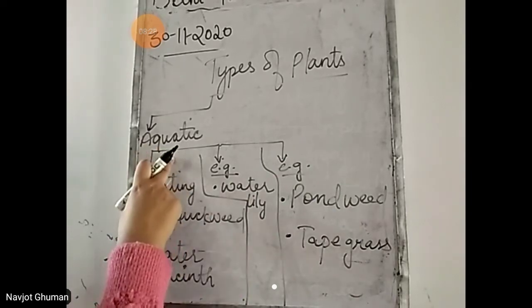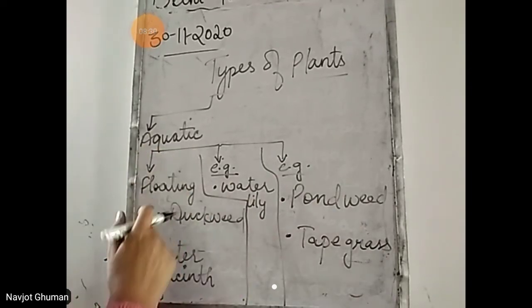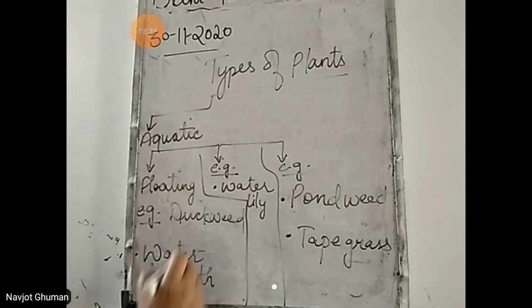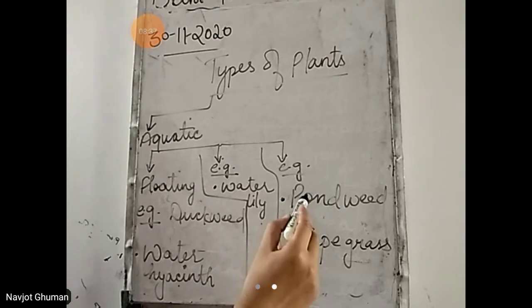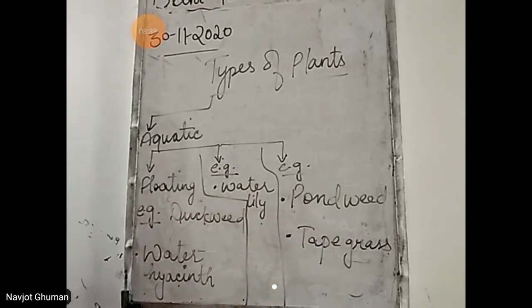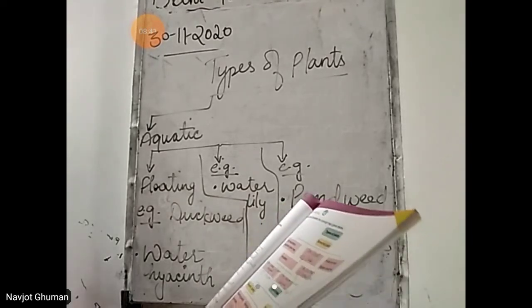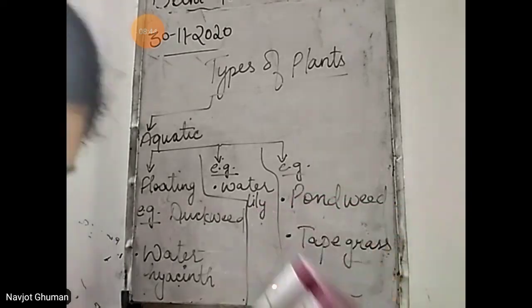Types of plants. First are aquatic. Floating plants, example duckweed, water hyacinth. Next type of plants, example water lily. And the third type have pondweed and tape grass. Next are insectivorous plants.